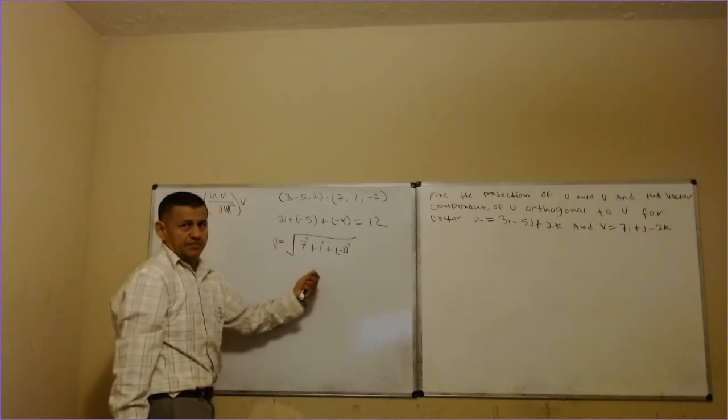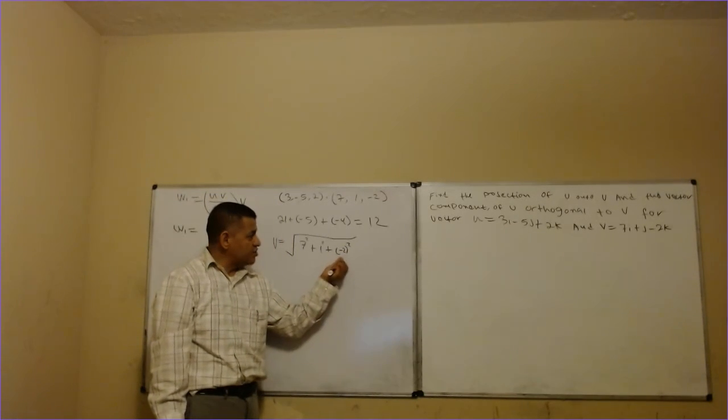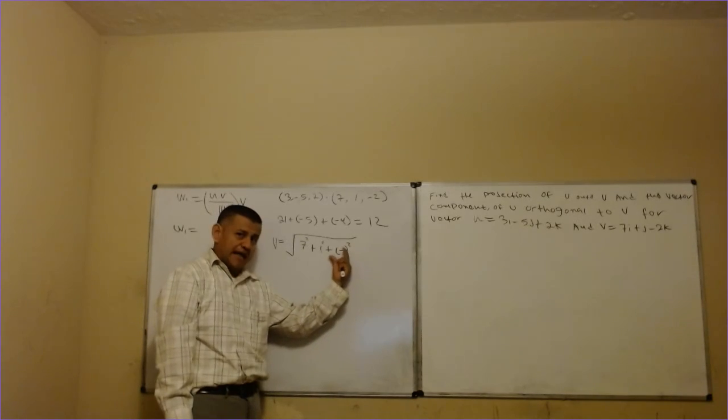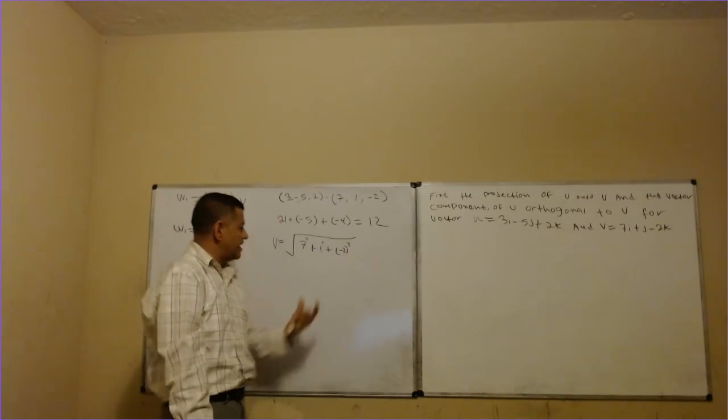See how I gotta be careful here, because I'm making sure that if it's negative, I put it inside the parentheses. That is telling me that I have to square the negative, right?